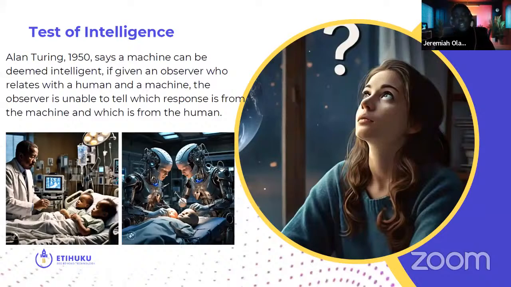And if we're not able to tell which ones were operated on by that super skilled, best surgical doctor in the world, from the artificial intelligence systems, you can say that that system has attained intelligence, all right? And that's what we call the Alan Turing test of intelligence, right?